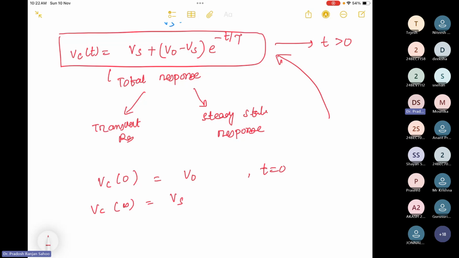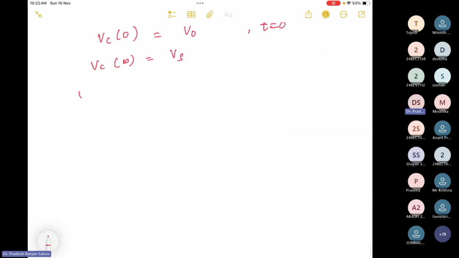This is Vs plus (V0 minus Vs) into e to the minus t by tau, or you can write a formula for this. Please write it down in your class note: Vc(t) equal to Vc(infinity) plus (Vc(0) minus Vc(infinity)) into e to the power minus t by tau.